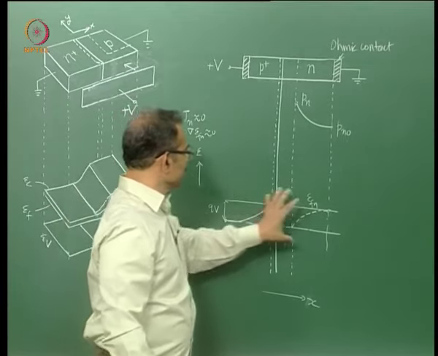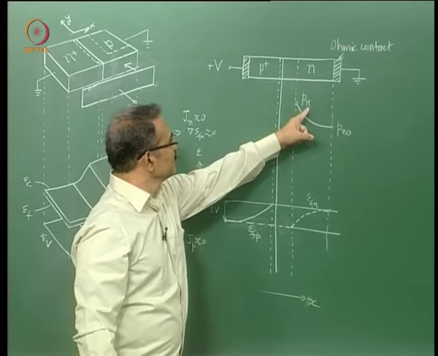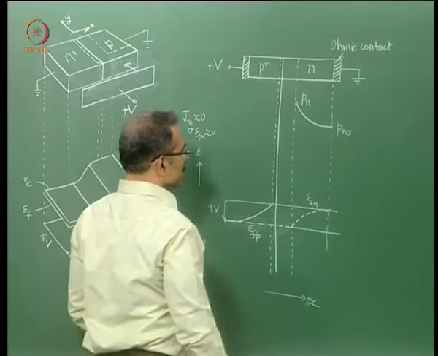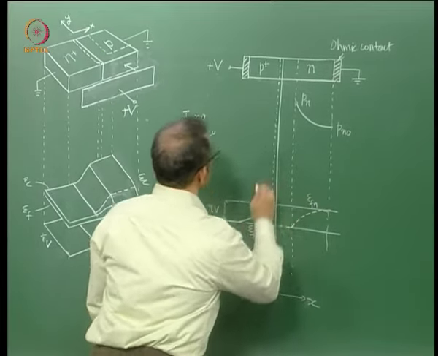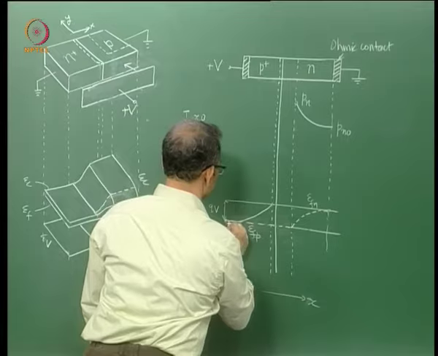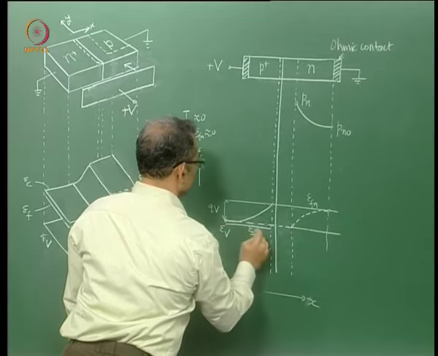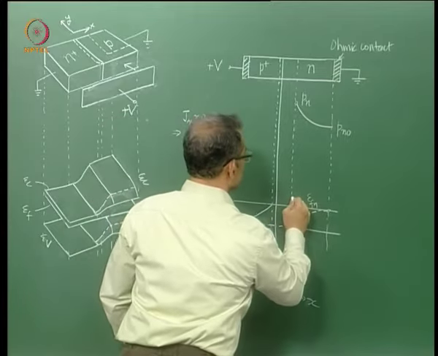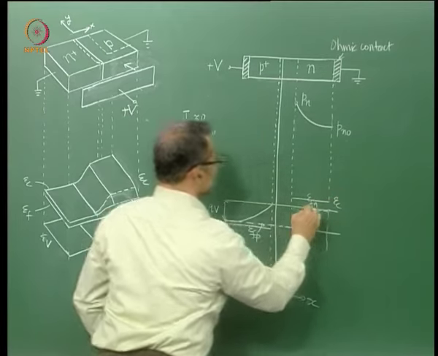Now once we have got this information, how do we get information about Pn? Let us complete the diagram drawing EC and EV. So here this is P plus, so your EV will be close to the Fermi level. Here EFN is at a distance from EC.